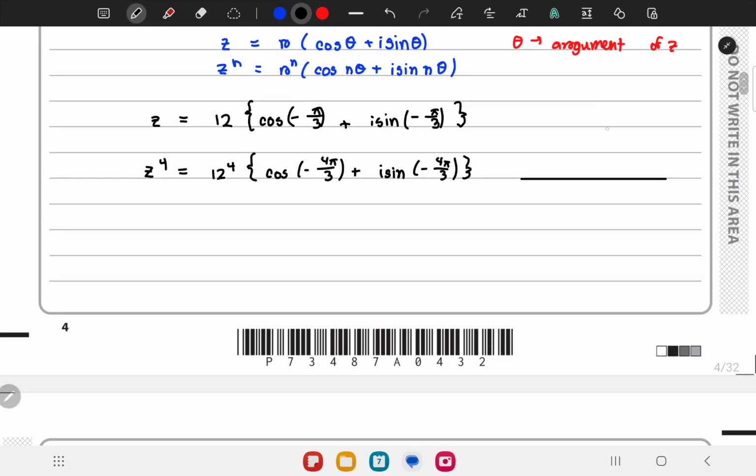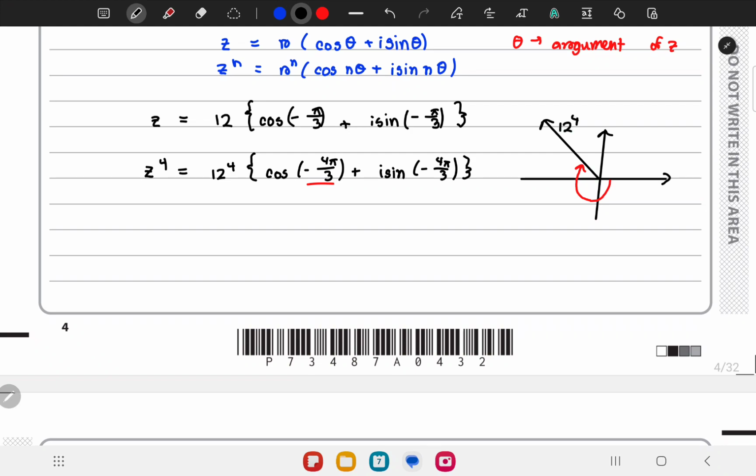So if we draw the graph, it has a clockwise rotation of minus 4 pi by 3, which is 240 degrees. So somewhere over here. And it has a magnitude of 12 to the power 4. So this line has a magnitude of 12 to the power 4.